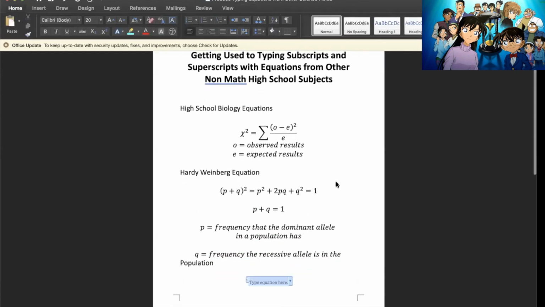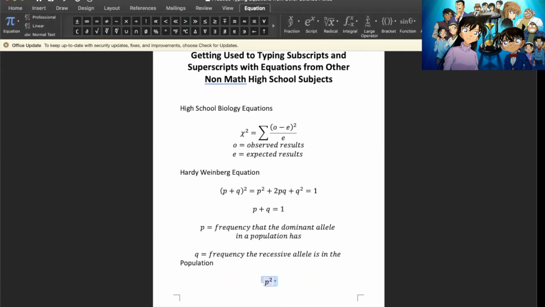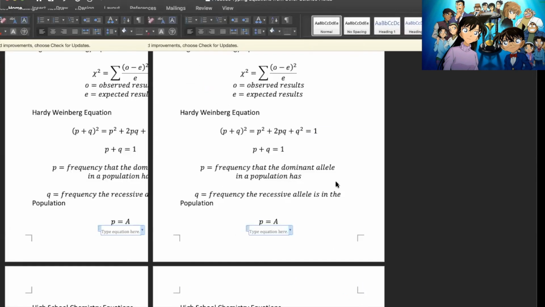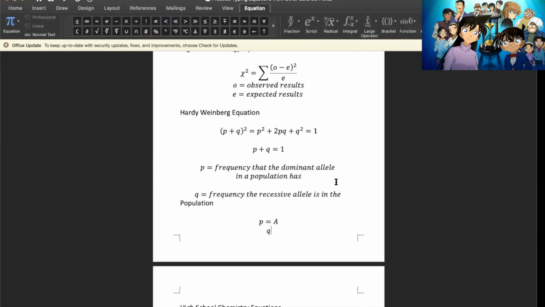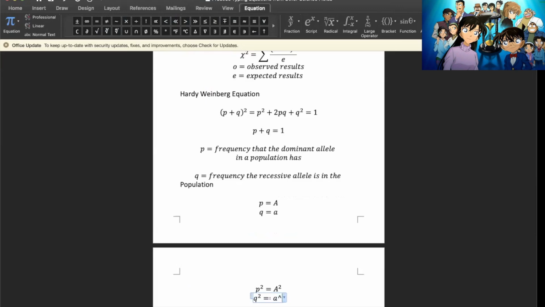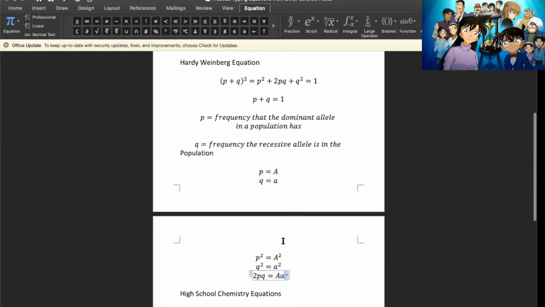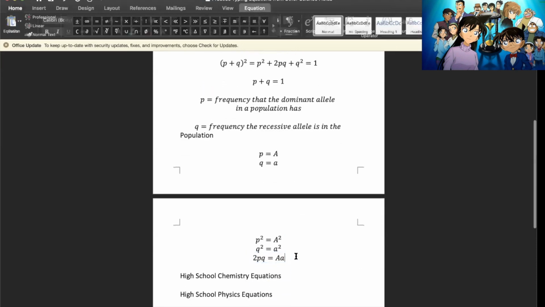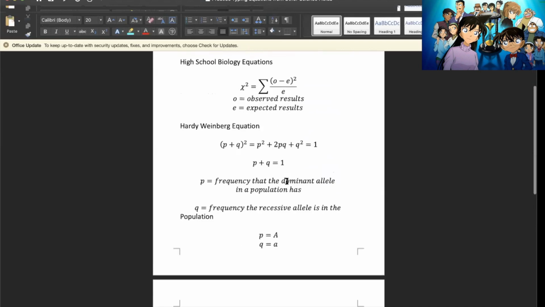So in other words, if we let the dominant allele be denoted with a capital A and the recessive allele be denoted with a lowercase a, then that means your P squared is the same thing as A squared. Your Q squared is the same thing as a squared, and then your 2PQ essentially equals Aa. That's the Hardy-Weinberg equation being used for genetics in high school biology.